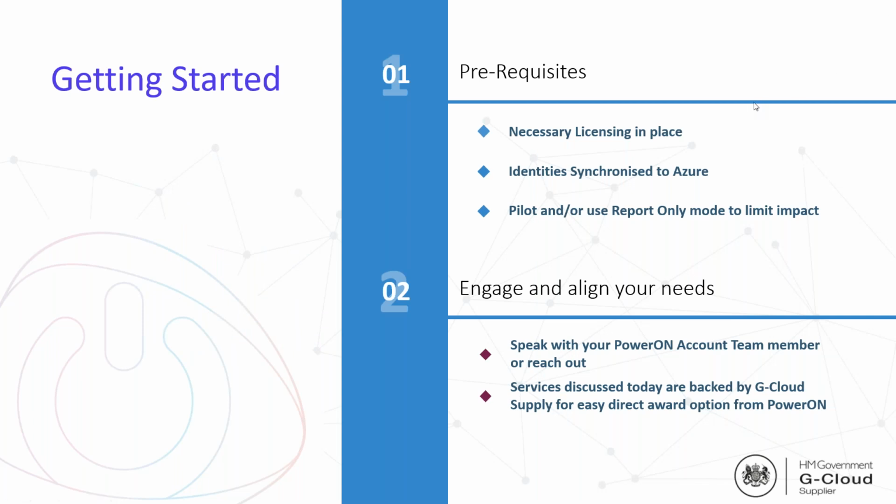So obviously everything that we talked about does have some form of licensing. I know Heinrich briefly touched on the fact that the MFA and the conditional access at a basic level don't have the need for licensing. They're included within the Azure AD free if you are using only the Authenticator app.